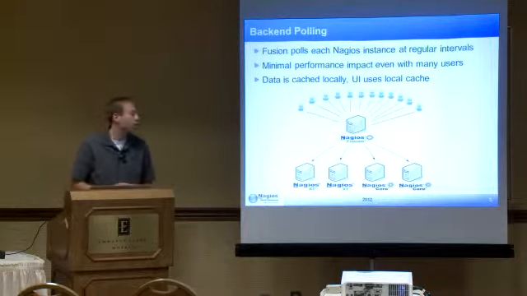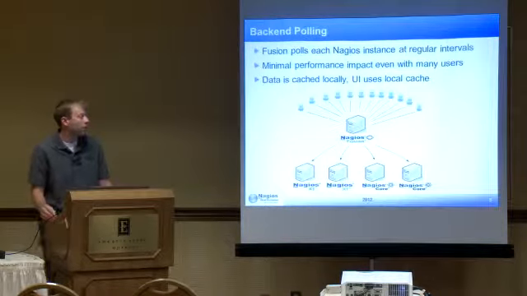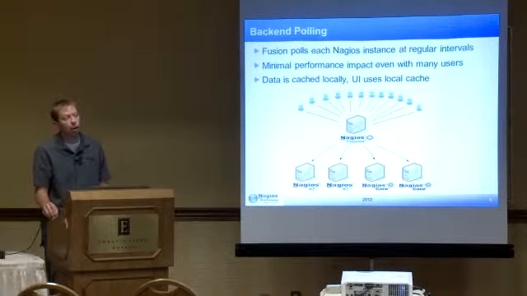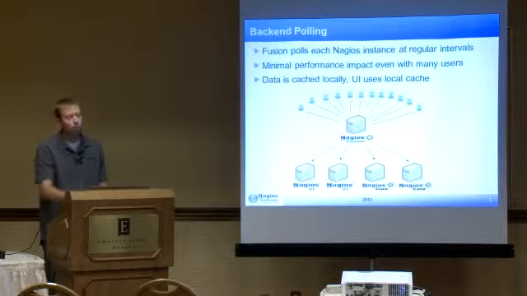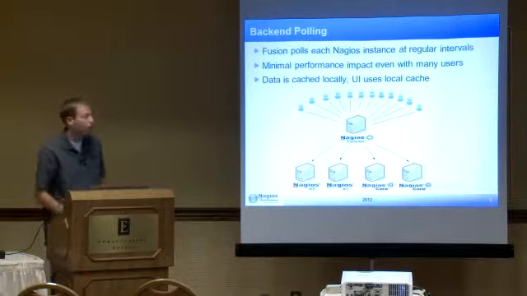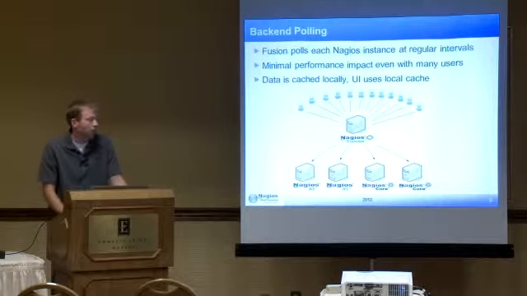So what Fusion does is that instead of making separate requests for every single user, you could have 50 users using Fusion at the same time, and it's still only going to poll each of the servers one time every, say, 30 seconds, for example, and that actually reduces the load on each of the child servers underneath it.